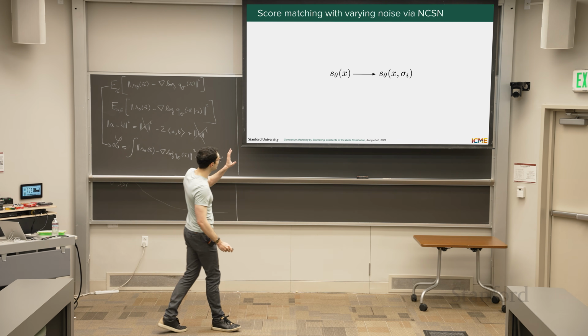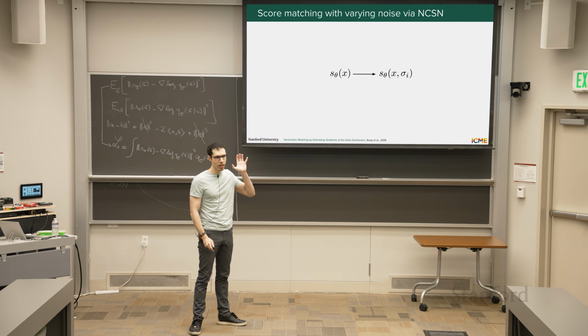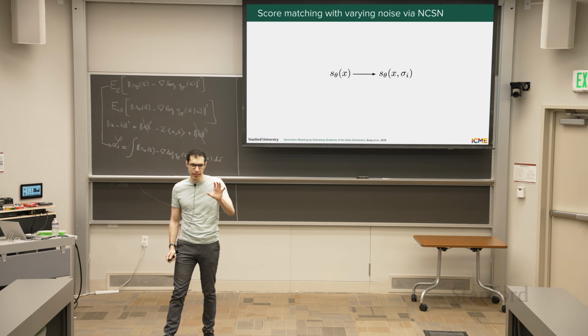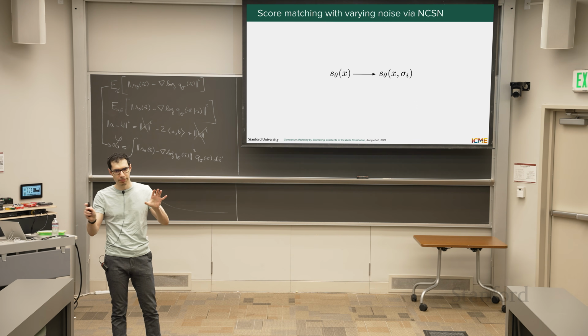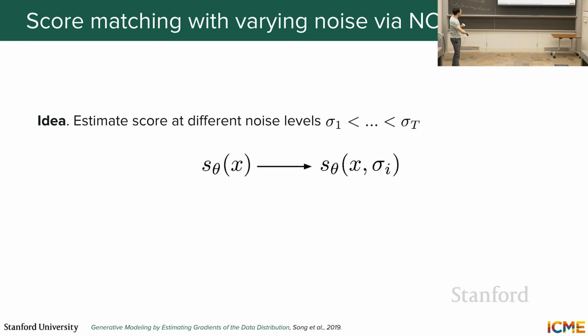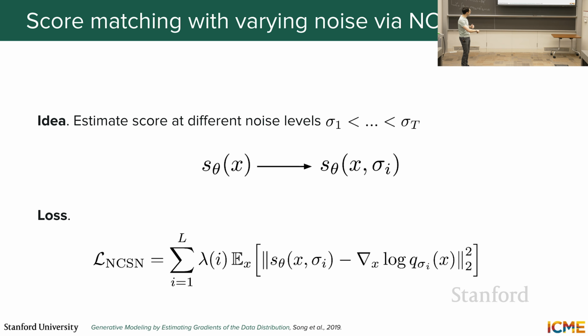So instead of predicting S theta of x, we're going to predict S theta of x and sigma, where x is your position in space and sigma is your noise level. And the idea here is to consider several distributions, one with a small amount of noise, then bigger, then bigger, then bigger. And the way you're going to use those different score estimates is at the very beginning.